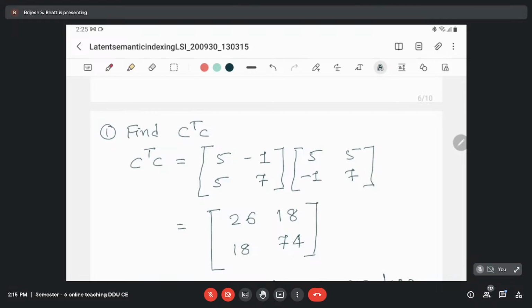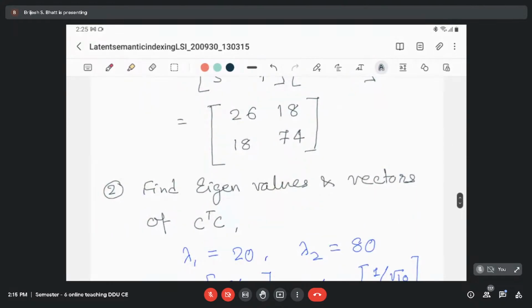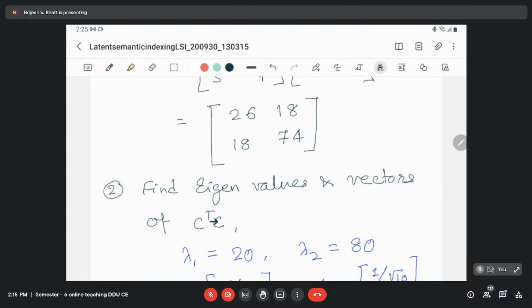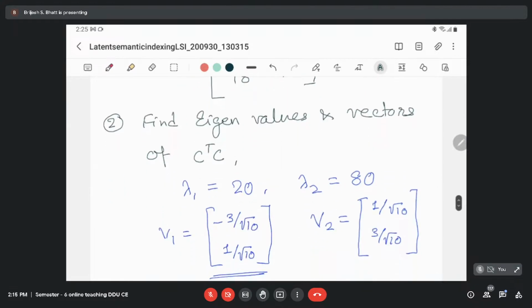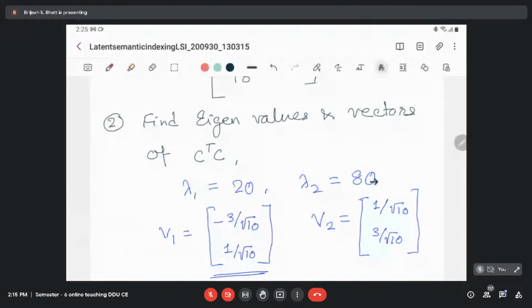Then we find the eigenvalues and eigenvectors of C transpose C, because that will give us our sigma. So lambda 1 is 20 here, lambda 2 is 80. These are the eigenvalues. And the corresponding normalized eigenvectors are V1: minus 3 by root 10, 1 by root 10, and V2: 1 by root 10 and 3 by root 10.